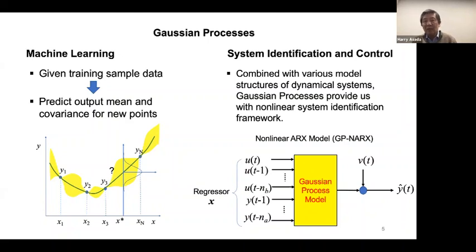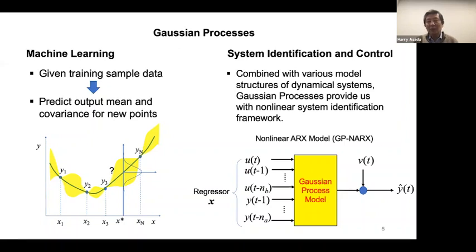Maybe we can combine this with the ARX model, the autoregressive model with exogenous input. You remember the autoregressive part, y_t equals minus a1 times y_{t-1}, and minus a2 times y_{t-2}, right?